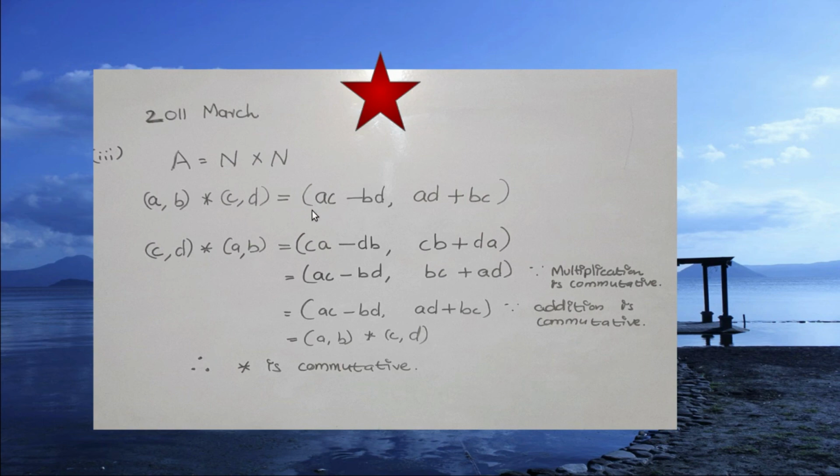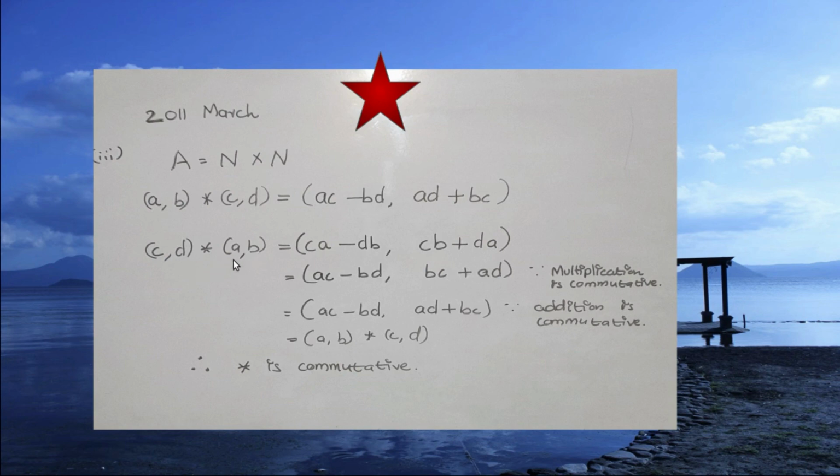By definition, (a,b) star (c,d) has first element ac minus bd. Now in the case of (c,d) star (a,b), the first element is ca minus db, and the second element is cb plus da.